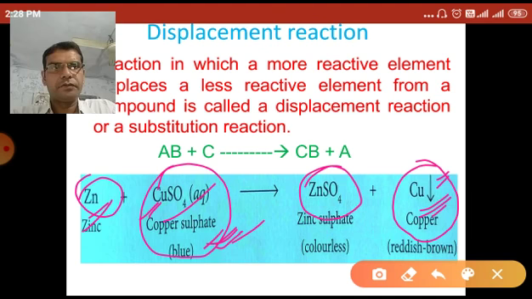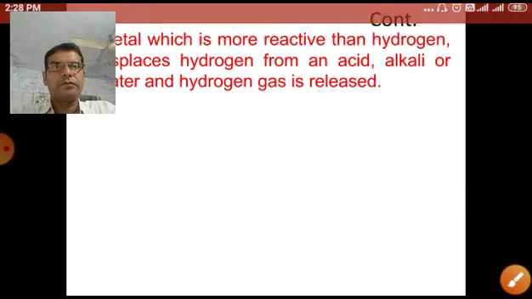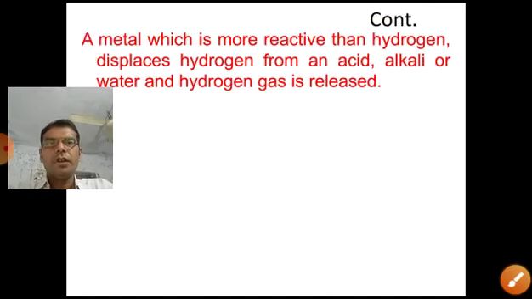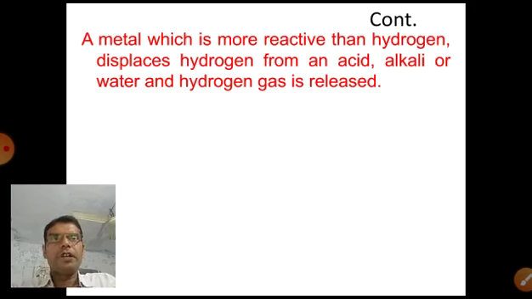Now next, a metal which is more reactive than hydrogen displaces hydrogen from an acid, alkali or water, and hydrogen gas is released. So in the reactivity series, some metals are arranged.